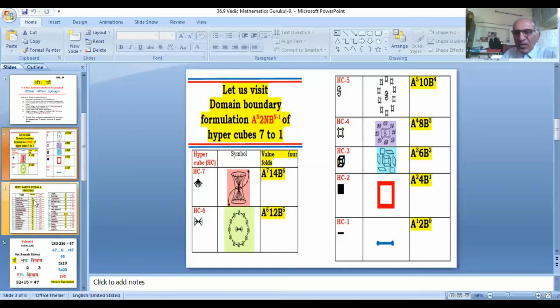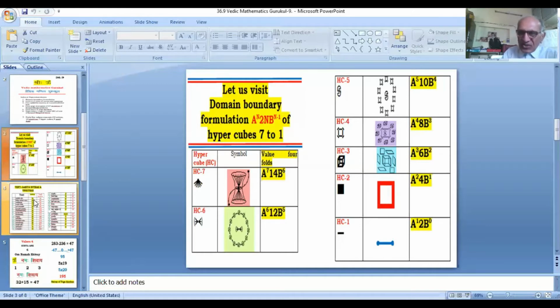We know that one space plays the role of dimension of two space, and that is why the expression here of domain and boundary as a raised to power 2 is to 4b raised to power 1 is the feature, is the value upon which we are focusing today.